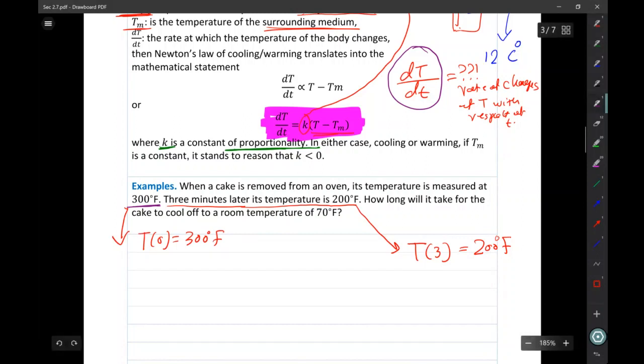The question says, how long will it take for the cake to cool off to a room temperature of 70 Fahrenheit? So the question now becomes, what is the time t such that the temperature is equal to 70 Fahrenheit degrees?